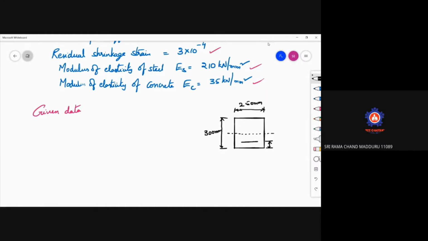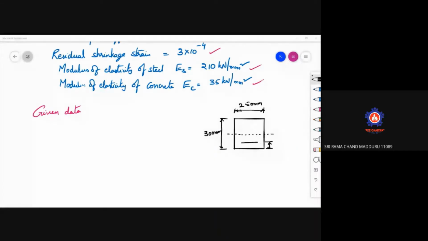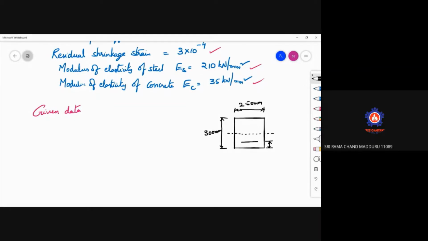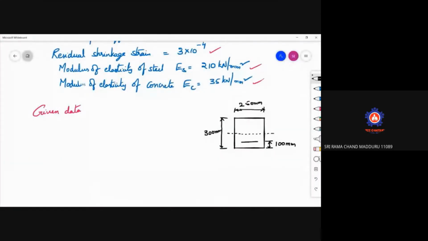Soffit is nothing but bottom. So from the soffit of the beam means here it is 100 mm that is given in the question. So you can calculate from here to here. This is 150 mm. So obviously the eccentricity from the neutral axis will be 50 mm. So E is equal to 50 mm that we can calculate.